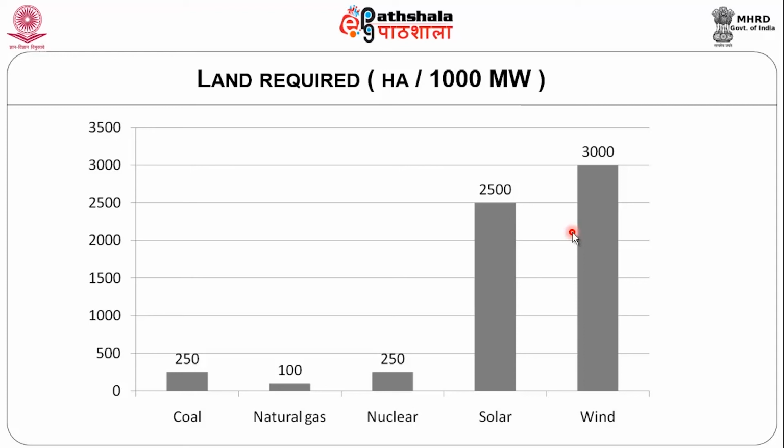And people are doing further research in order to increase the capacity factor, for which they have to select the right site, where the annual wind speed should be in the order of 10 meters per second, and it would be the best site.